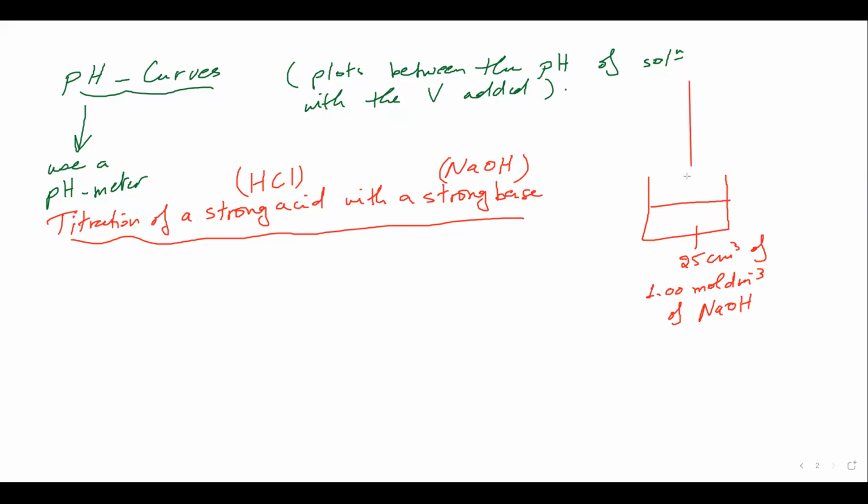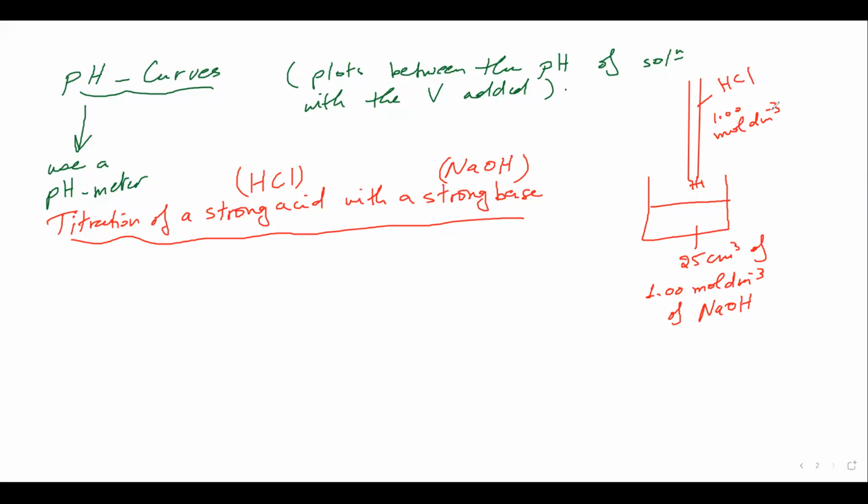and we are going to place here in the burette a strong acid like HCl. So we are going to use a burette and fill it with HCl of the same concentration, which is 1 mole per decimeter cube. Here we know both concentrations, and we are not dealing with how to determine the concentration of one of them.